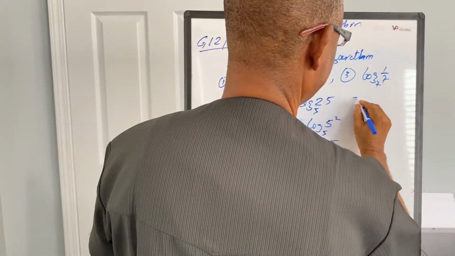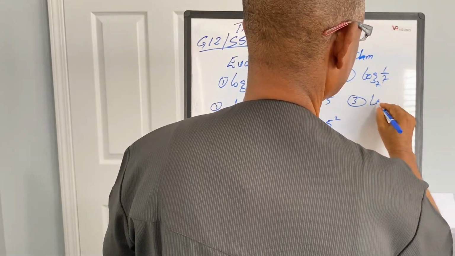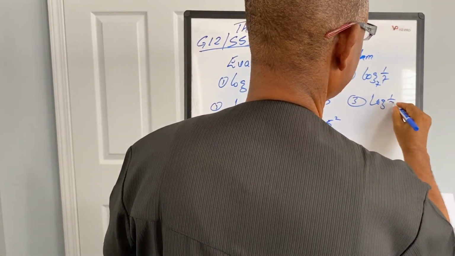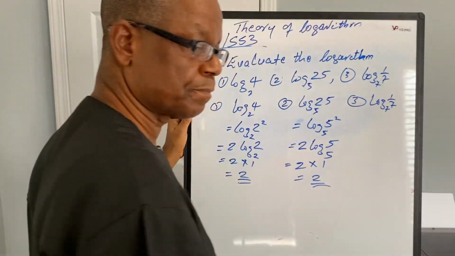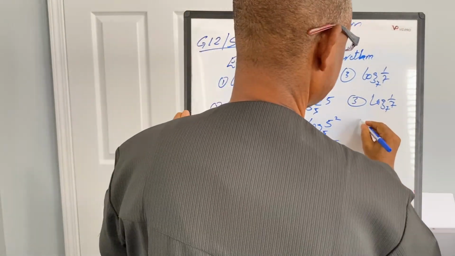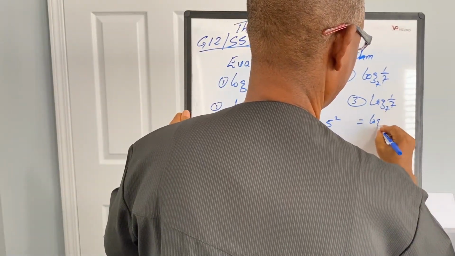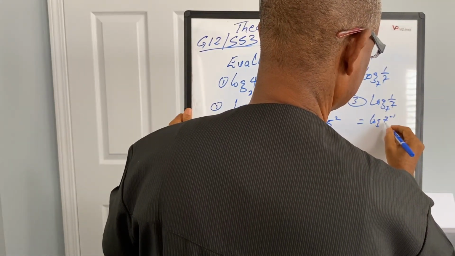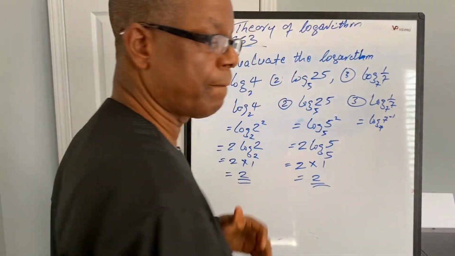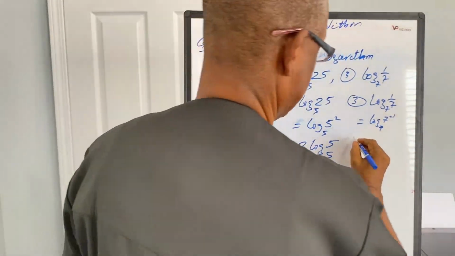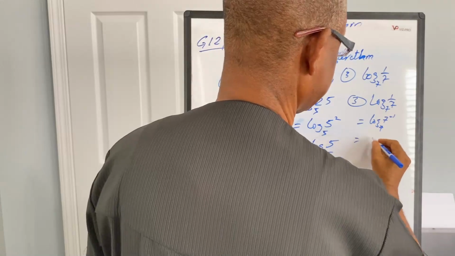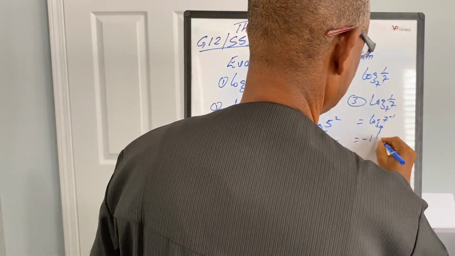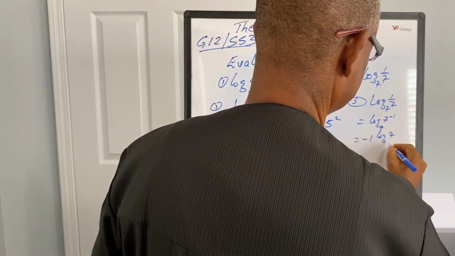Number 3, log 1 over 7 base 7. This is log 7 raised to the power minus 1, according to indices, base 7. According to the third law, we now have minus 1 log 7 base 7.